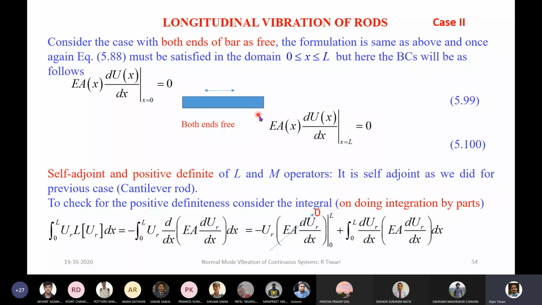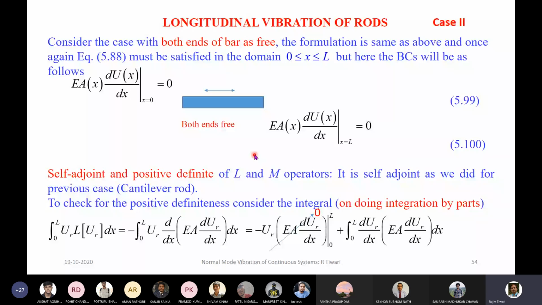This is freely hanging in the air. So here also this support is free. Here also support is free. It's similar to maybe an aircraft moving in the air, or a particular rod hanging by some string vertically. That is also another example.